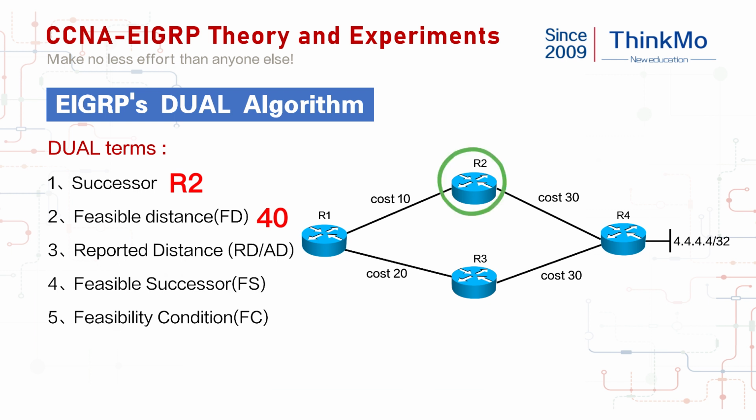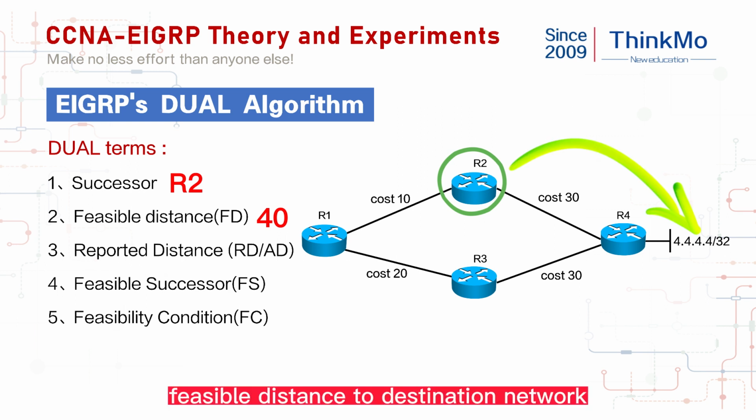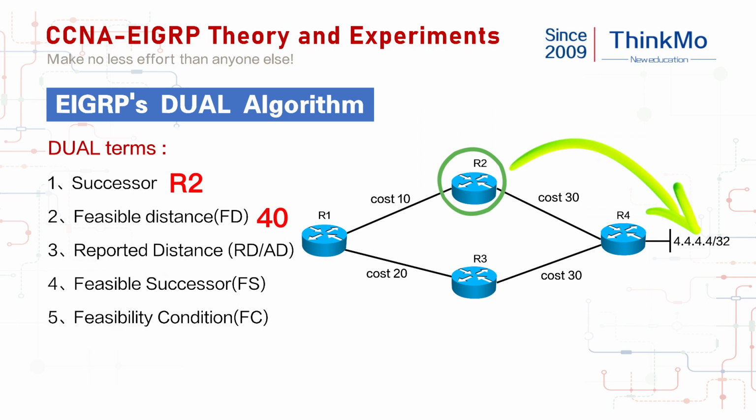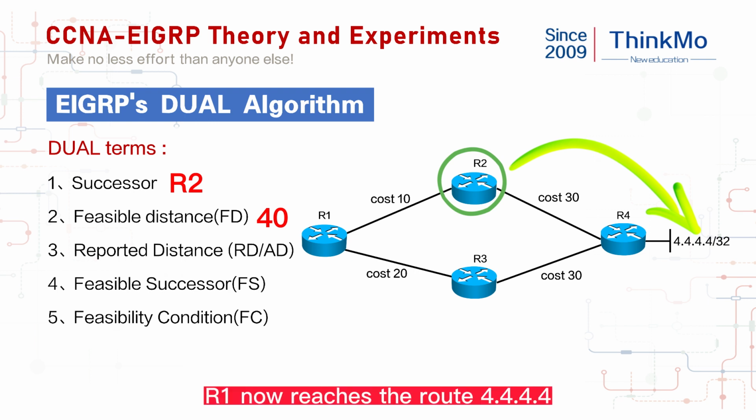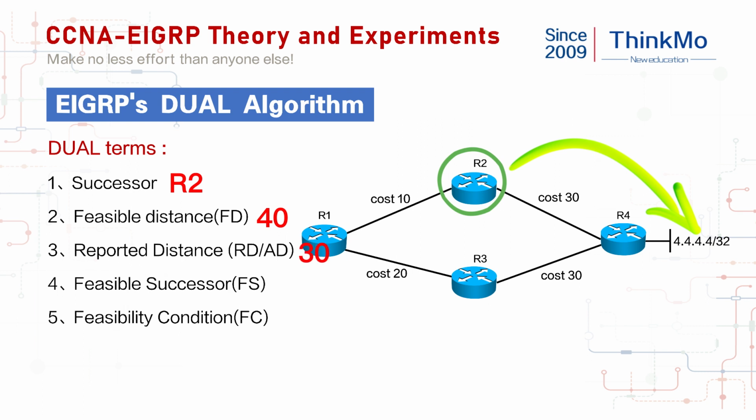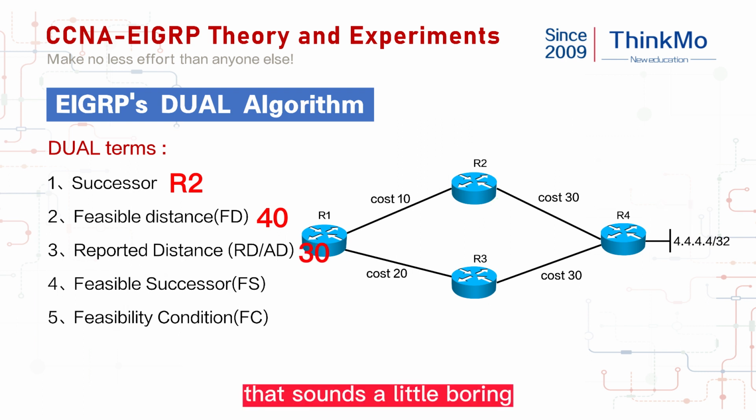That is, the feasible distance for R2 to reach 4.4.4.4, which is 30.